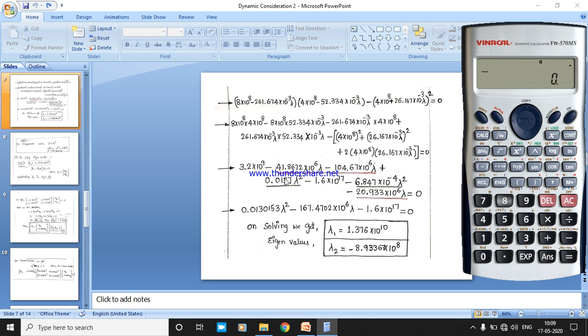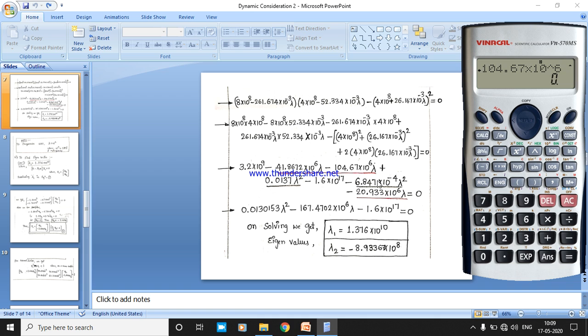Okay, now I am going to add all these lambdas. So what are the lambda? First minus 41.867 into 10 raised to 6, minus 104.67 into 10 raised to 6.